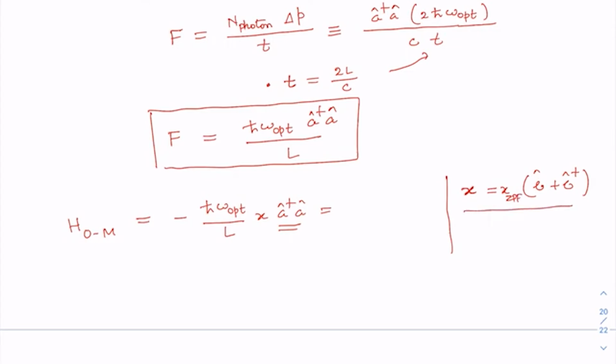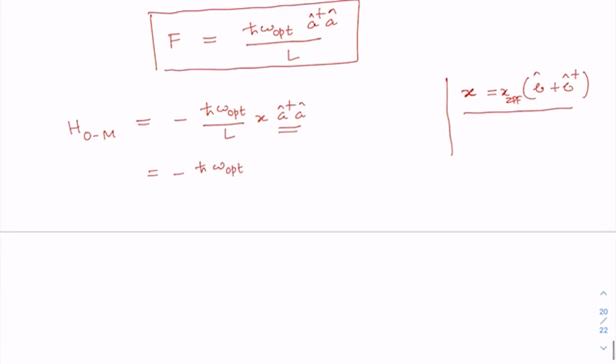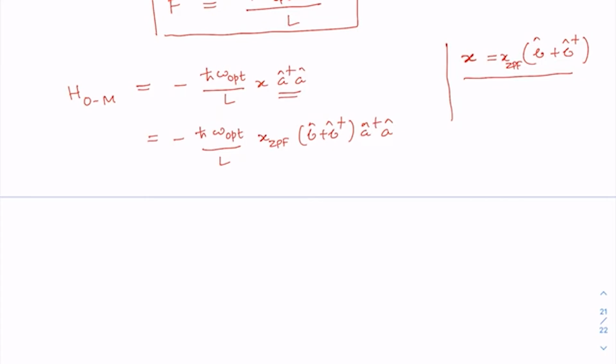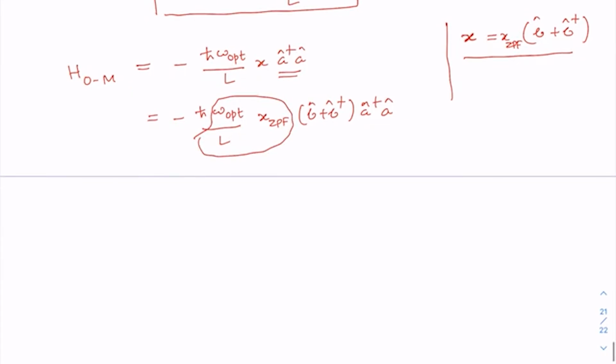So if I use this expression here, then I can write it as minus h cross omega optical by L, and here I write x zero point fluctuation B plus B dagger, and we'll have A dagger A. This whole thing, because this particular quantity has the dimension of frequency, I will write it as h cross capital Z B plus B dagger A dagger A, where I am taking this capital Z as minus omega optical by L x zero point fluctuation.